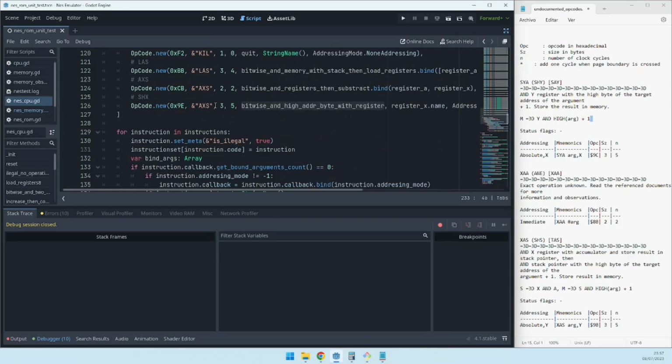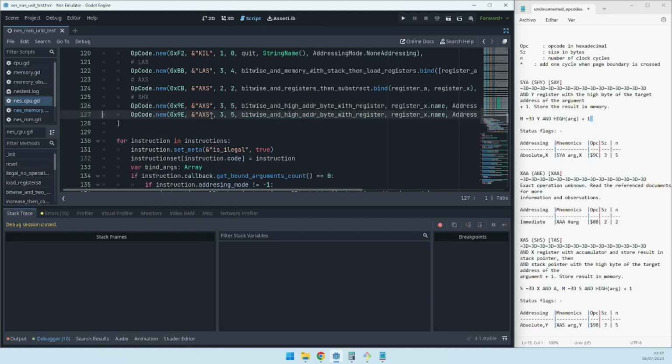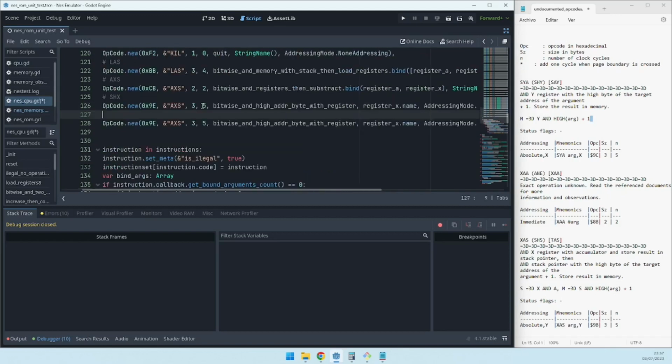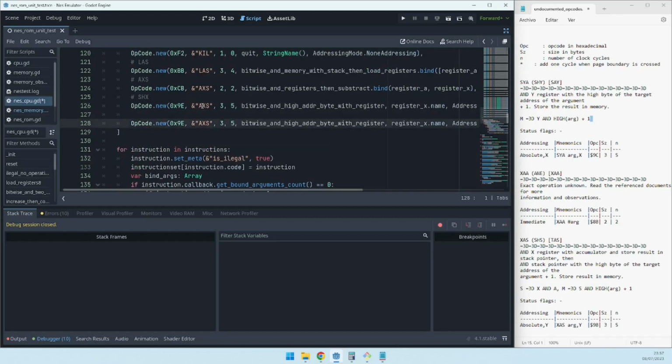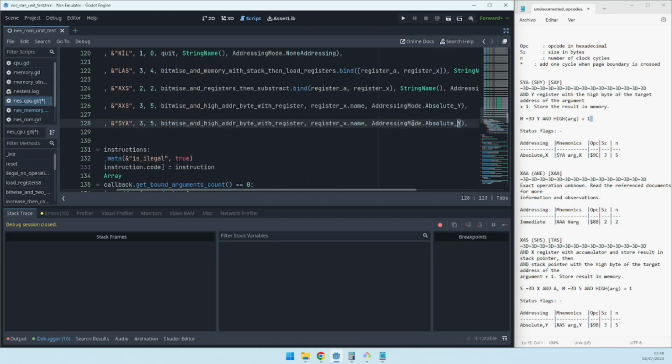So this is basically the same function between the two, so it's written inverse. This is absolute X and takes register Y, and it makes the same function.